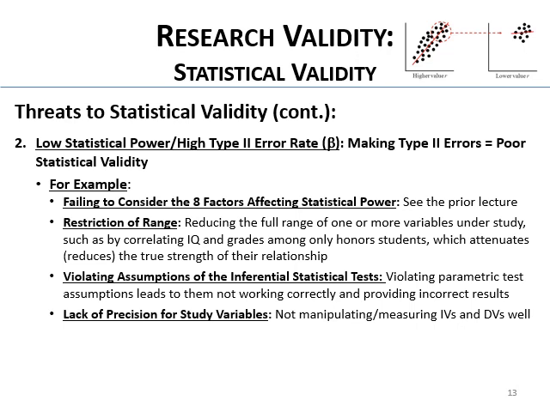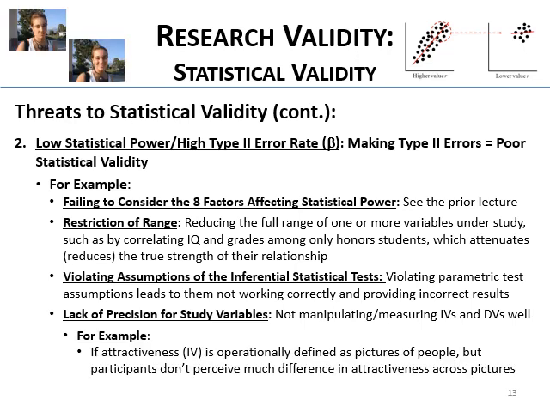So if you imprecisely measure or manipulate things, that also decreases your statistical validity as well. That is not measuring things precisely and not manipulating things precisely or well. So for example, if in a study of attractiveness, that's your IV, you operationally define it as pictures of people, maybe they're smiling in one or not in the other, like the example above.